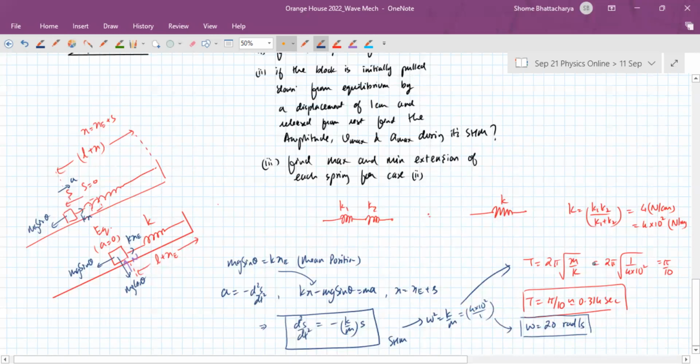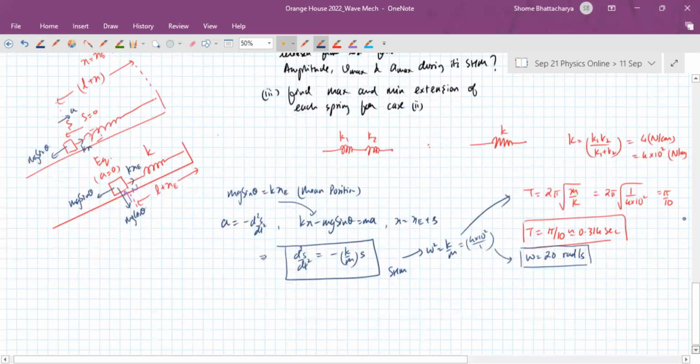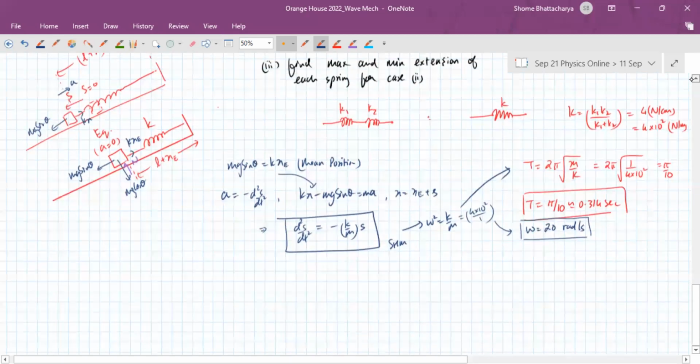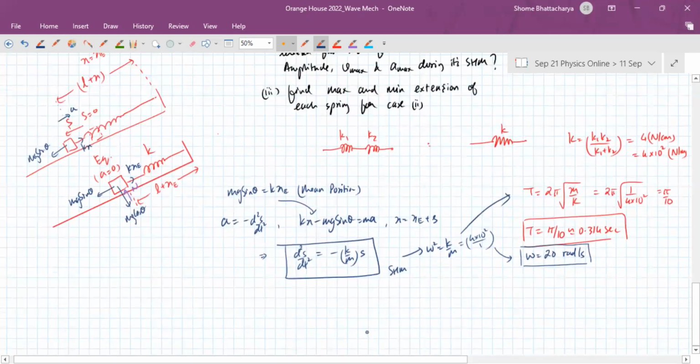So now here you can see that this equation means the SHM displacement, where omega we've already seen is 20 radians per second, but the amplitude will come from this formula.